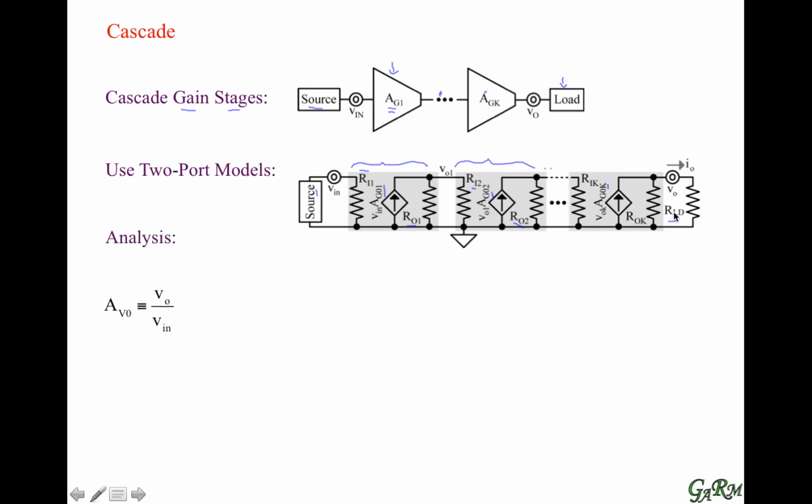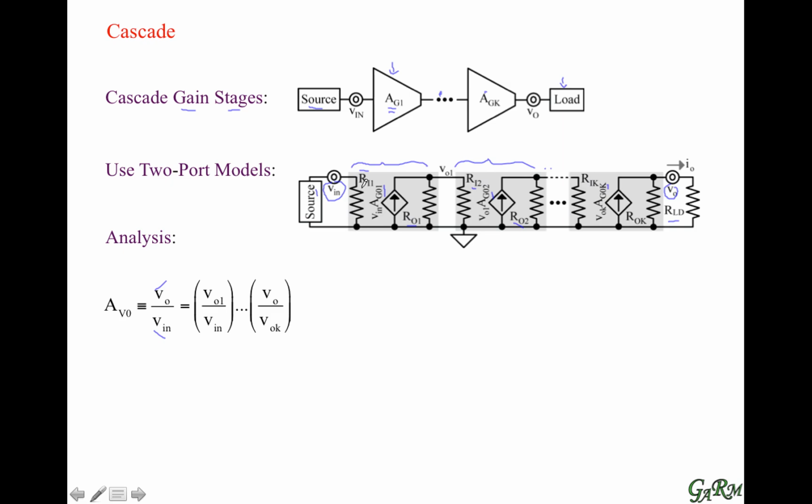So when we do the analysis, let's say we wanted to get the small signal gain translation from the input voltage to the output voltage. So in this circuit, that is all the way from the input to the output voltage. What we do is we take the gain of each stage and cascade them together.